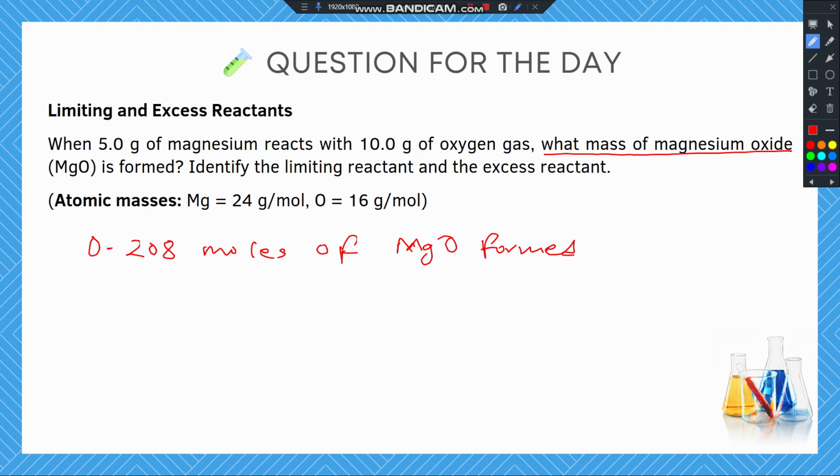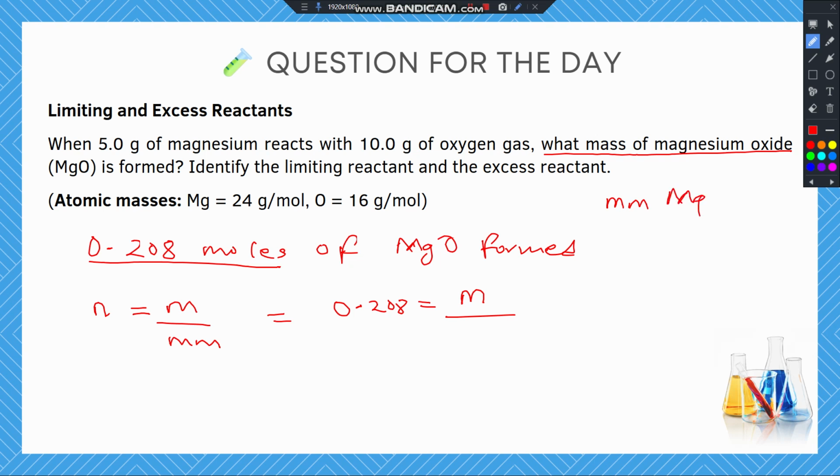So we need to convert this 0.208 moles into mass, and the formula says number of moles is equal to mass over molar mass. The number of moles is 0.208. It will be equal to the mass, which we don't know, divided by the molar mass of magnesium oxide. To find the molar mass of magnesium oxide, we simply add the atomic mass of magnesium and the atomic mass of oxygen.